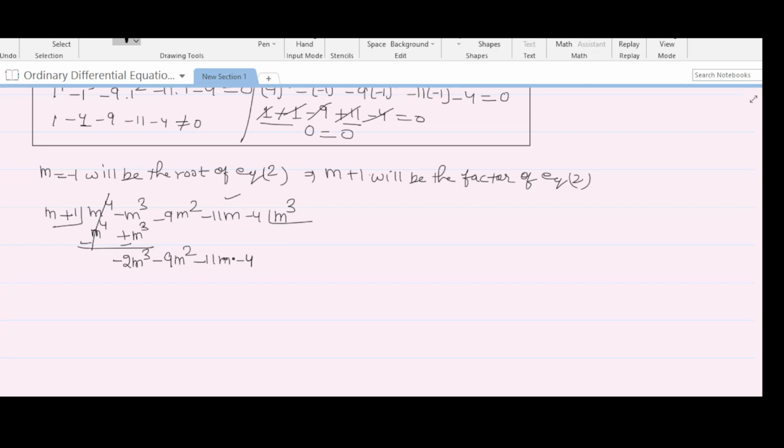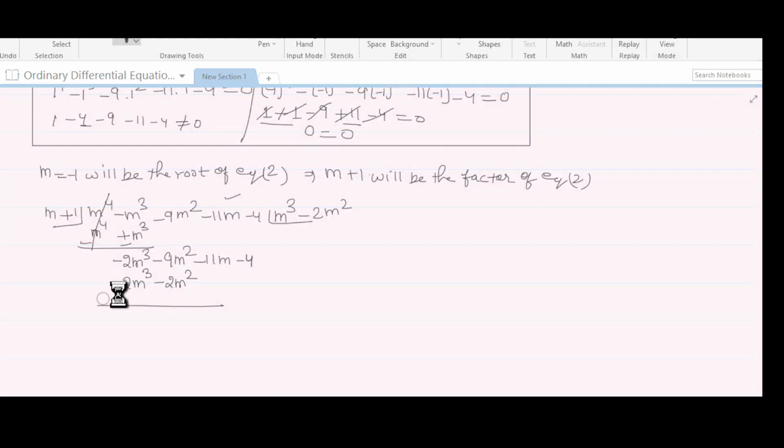Now next we have to multiply this m by minus 2m square so that we can get minus 2m cube. Now by multiplying minus 2m square, we will have minus 2m cube minus 2m square.